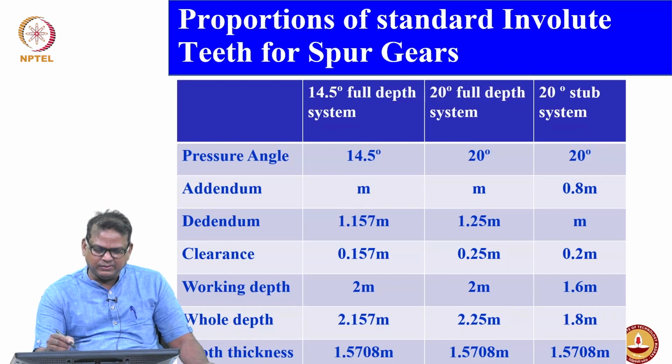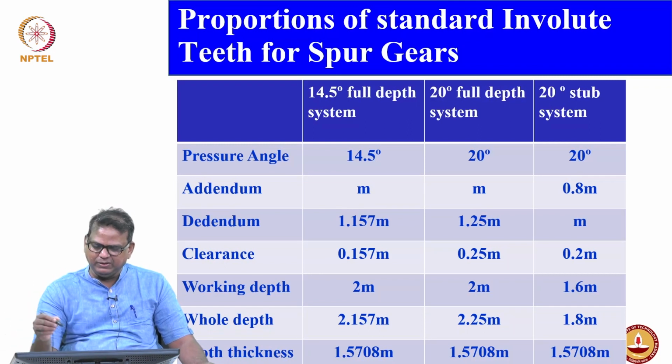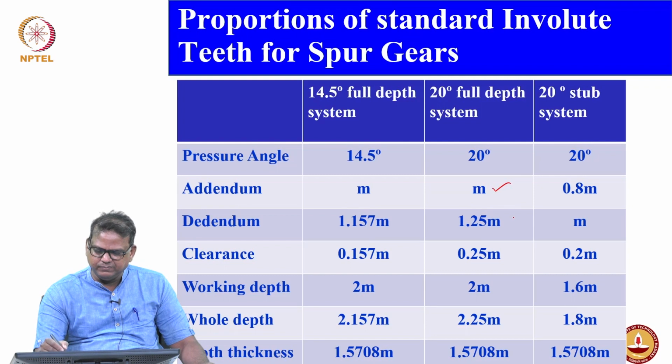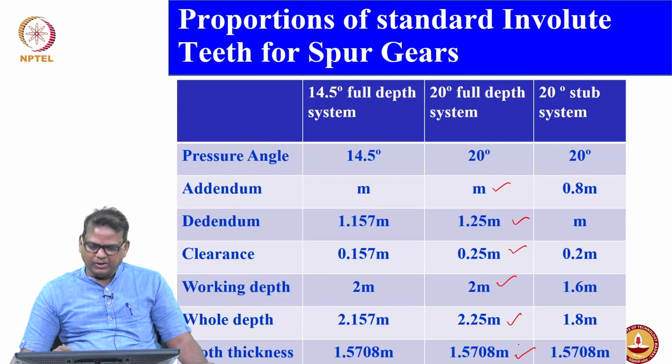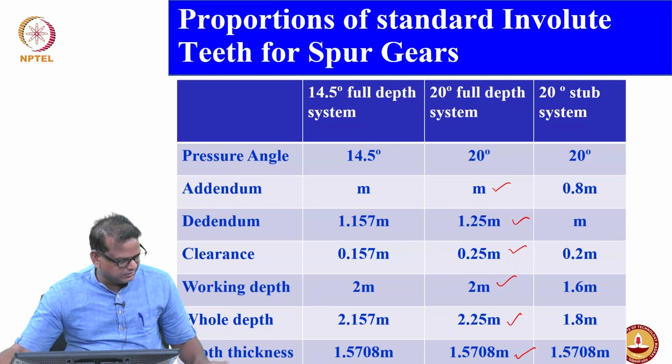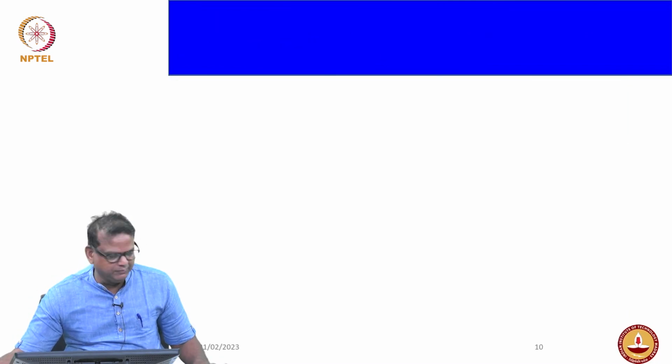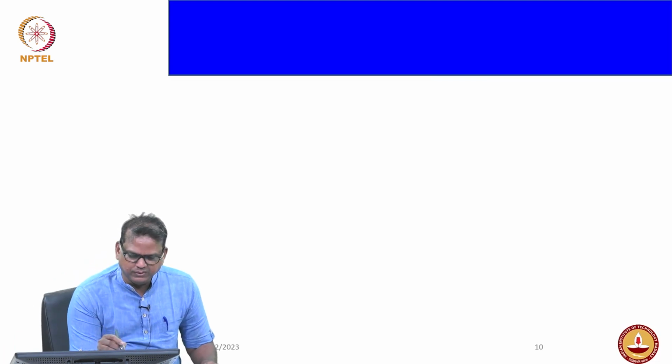So these are the other parameters of the gear profile. This is for addendum, dedendum, clearance, working depth, whole depth, and tooth thickness. All those information you have to follow based on the profile you have chosen. We have chosen 20 degree pressure angle with the full depth system. Further, if you find out the values, m equal to 2.5 mm, that is the module value.